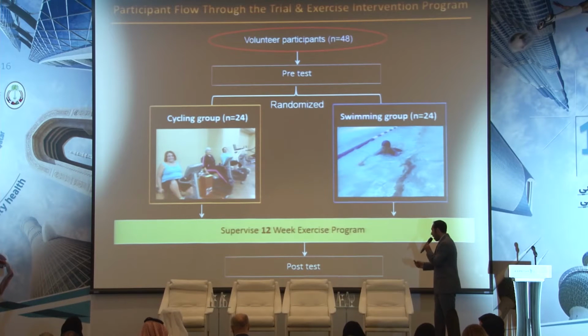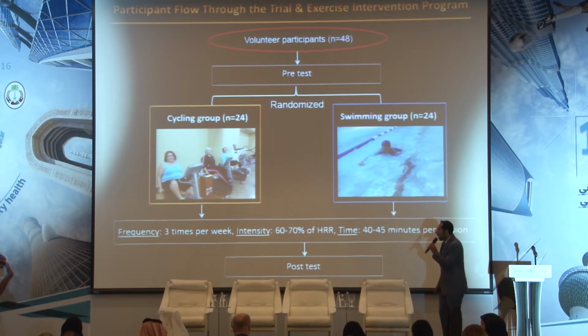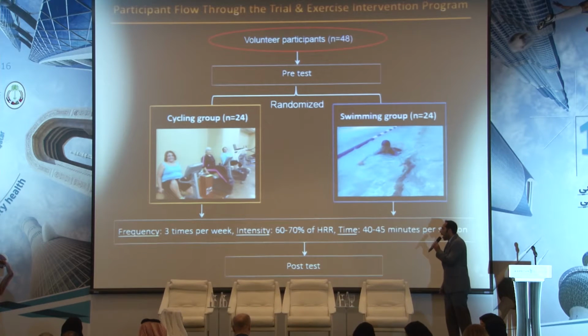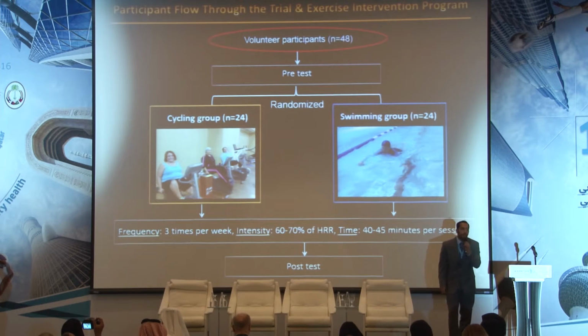Then they did an exercise program for 12 weeks and then the post-test. For the exercise intervention, they exercised 3 times per week at 60 to 70 percent heart rate reserve, for 40 to 45 minutes per session.